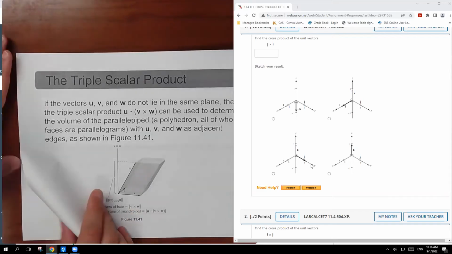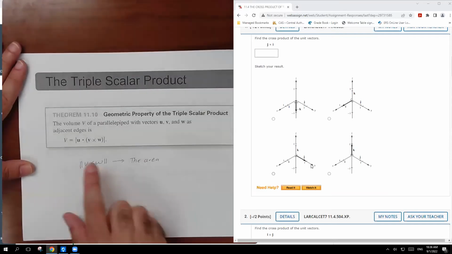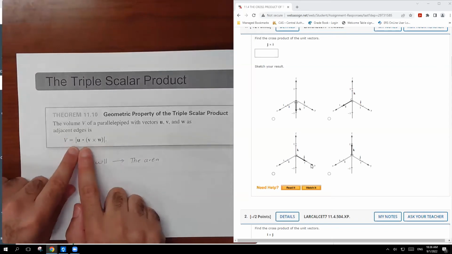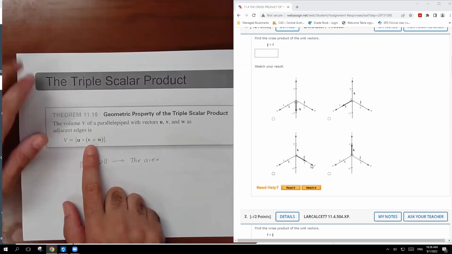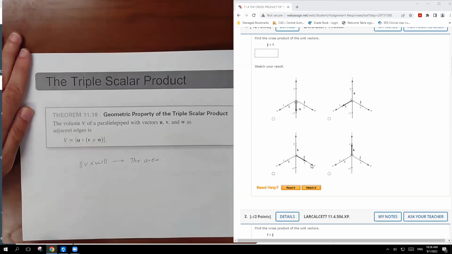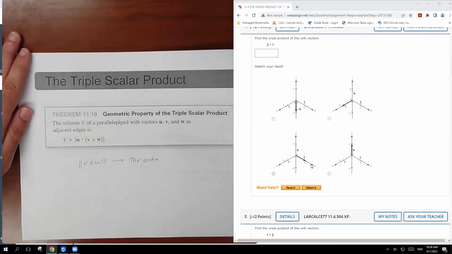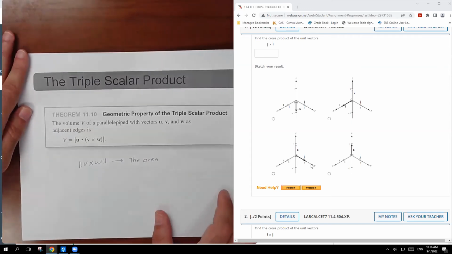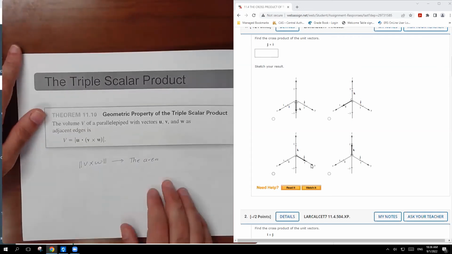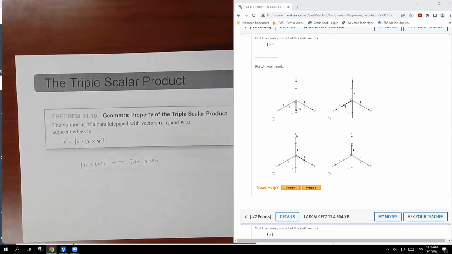To find the volume, as it says here, it's going to be the length of the triple scalar product. This is just to find the area. That's it. There's an example here after that, but we're going to jump to do the examples on the side.